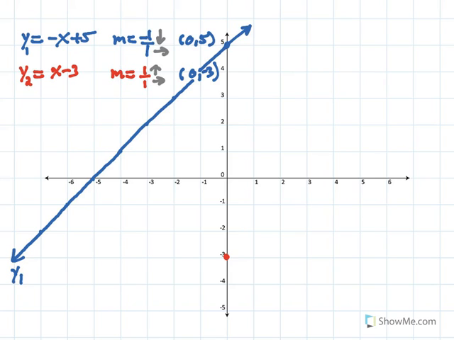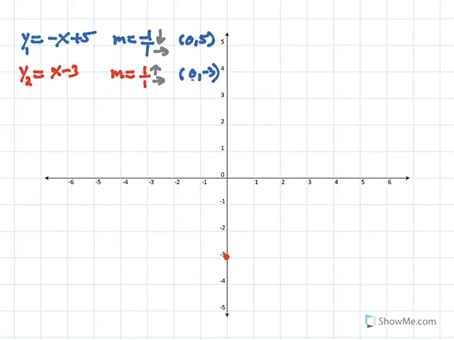So I need to erase this. Okay, it's an easy fix. It's no problem. I'll just rewrite that as 0, negative 3, and then like that.